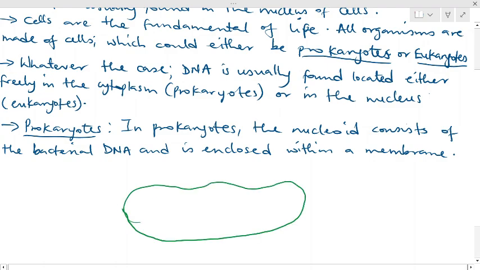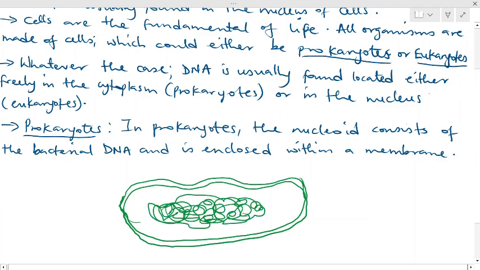In prokaryotic cells, you have the nucleoid that is enclosed, something like this.